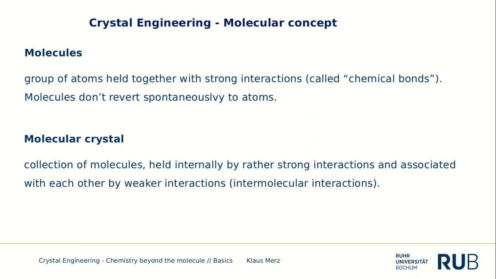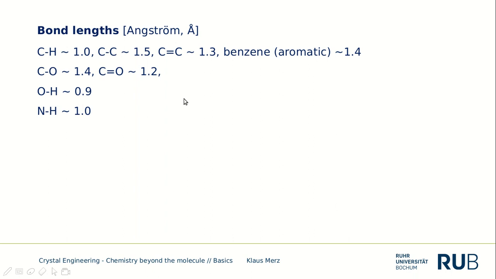Well, let's compare molecules and molecular crystals a little bit more and have a look at the units. We should look first at bond lengths. These are typical bond lengths of chemical bonds, C-H, C-C, C double bond, or benzene, roundabout 1, 1.5, 1.3, 1.4. And you see it here, O-H and N-H with a roundabout bond length.